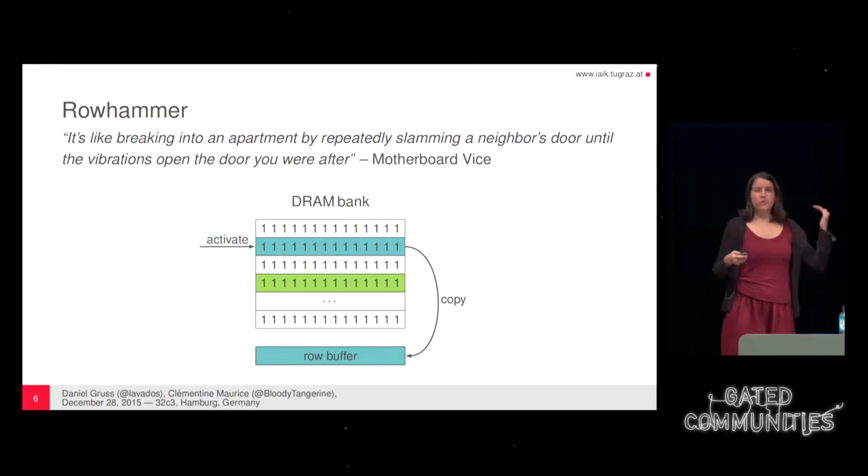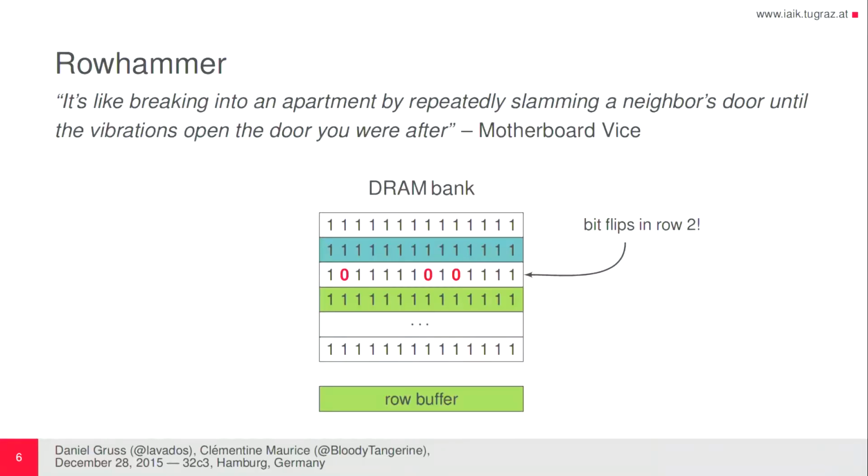And you want to issue a lot of activate commands as fast as possible on this row. The issue is that if you just access this row, you will just go to the row buffer, which acts like a cache. So you need to activate another row, and then this row again, another row, and then you have your bit flips. This is really bad because we didn't touch this row at all, and the bit changed.